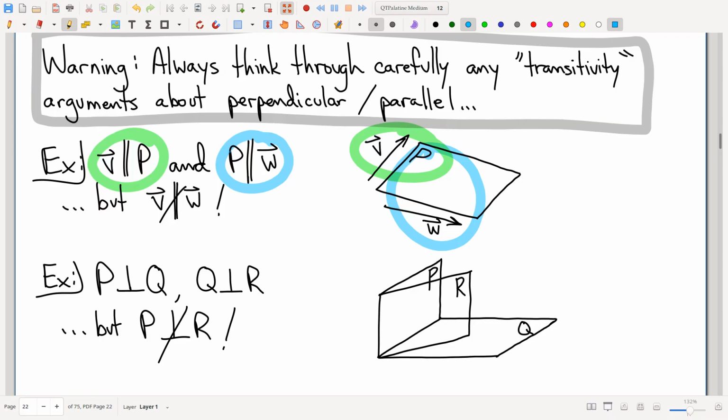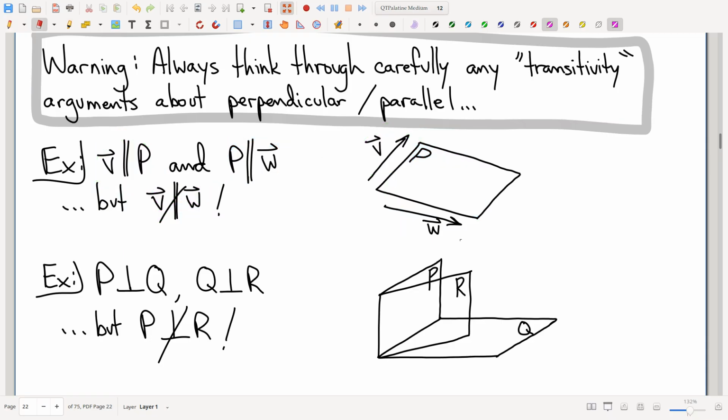V is parallel to P and P is parallel to W. You're going to feel a strong compulsion to try to conclude that maybe V and W have to be parallel. But they're not, right? This is just not true at all. Nothing of the sort. They're not perpendicular. They're not parallel. They're not anything, right? So don't make the mistake of thinking just because it looks good on the page that it must be true. It is absolutely not.